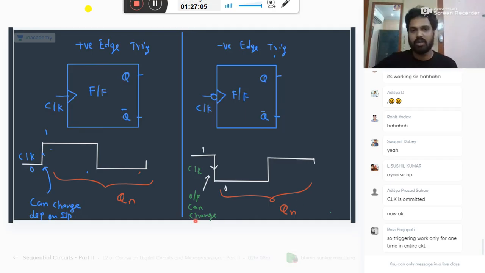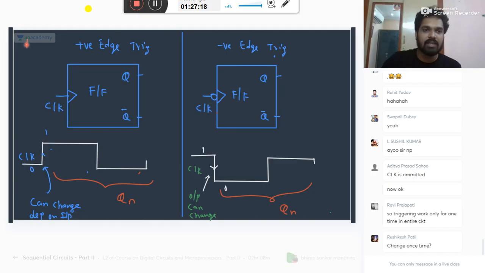Yes. So it will read the input only during the edge. That may come little delay, no problem. But it will read only during the edge. It can be at 0 to 1 or it can be 1 to 0. Positive edge is also called raising edge. Okay, negative edge is also called falling edge.